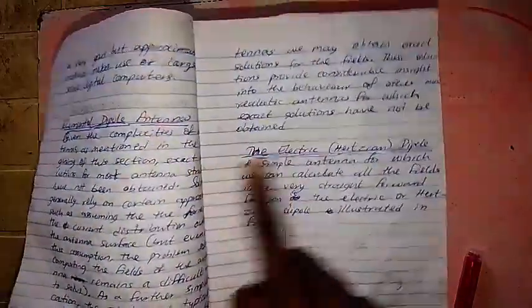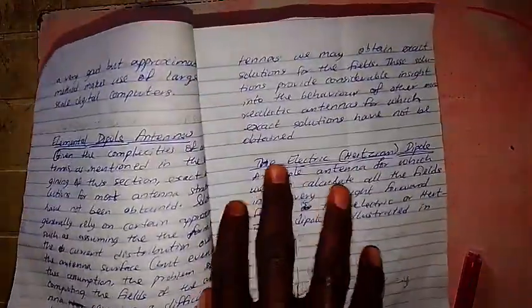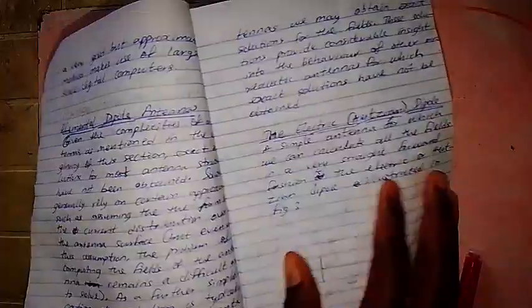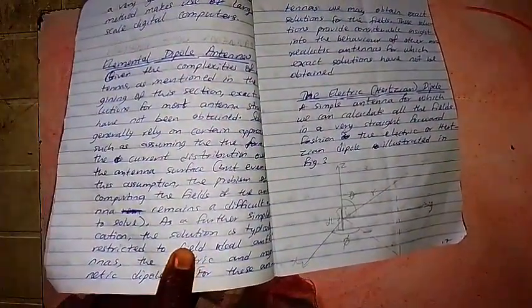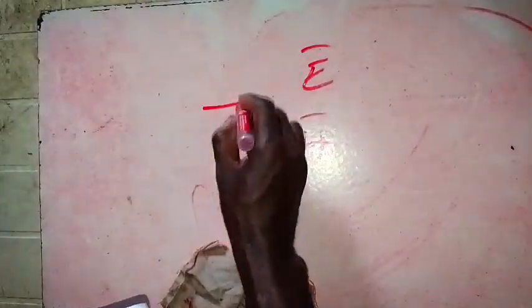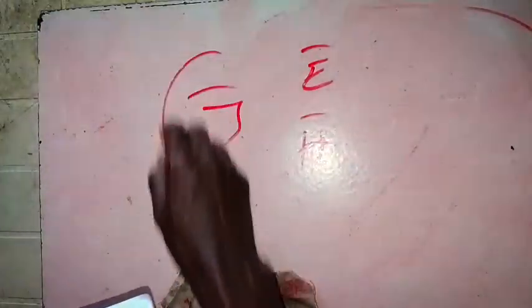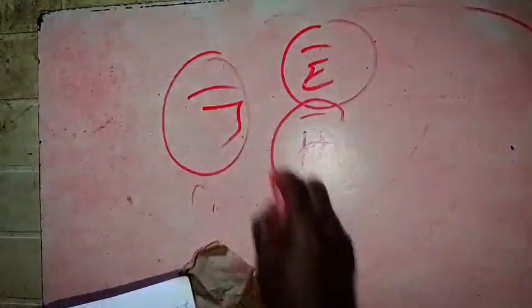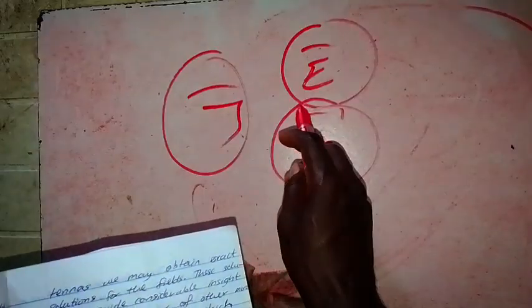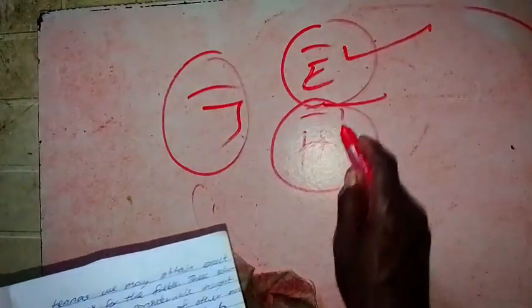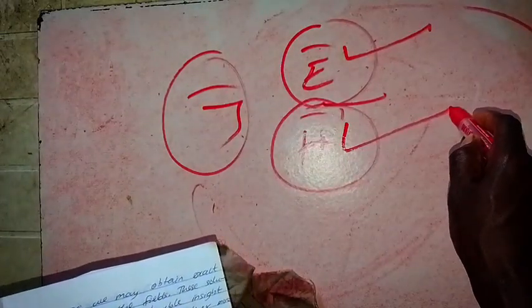Okay, that's all for this video. In the next video, we'll talk about the electric dipole. Remember, we said we assume JS, and we will now work with the ideal one.